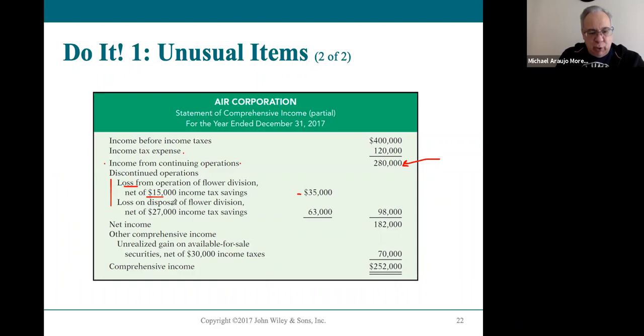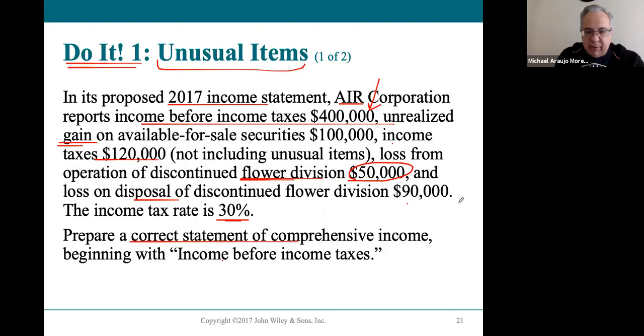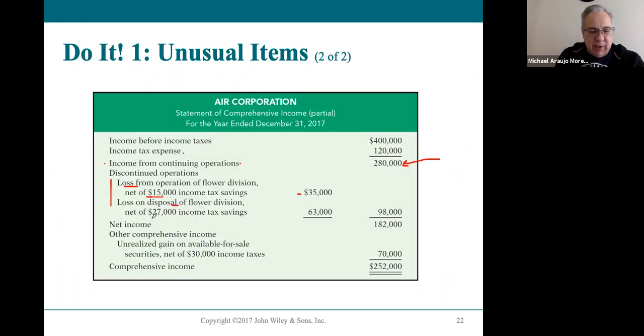Then when you dispose of that division, you took a loss of 90,000, but again, is it 90,000? Let me go back and check the number. Yeah, 90,000. So you put 30% aside for taxes on that. That's 27,000 you put aside for taxes. The rest is your pure loss. Together, this is your total loss on your discontinued operations. Look how much it shrunk your profits, down to 182,000. That's your net income.